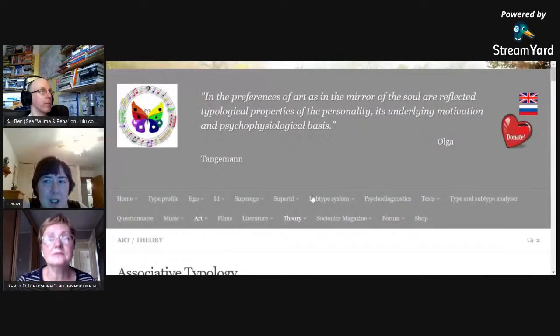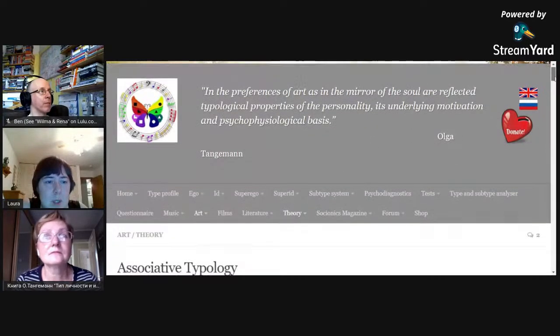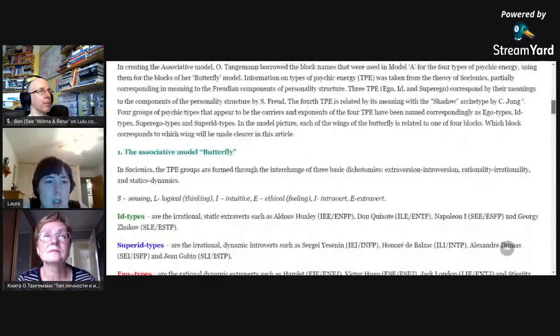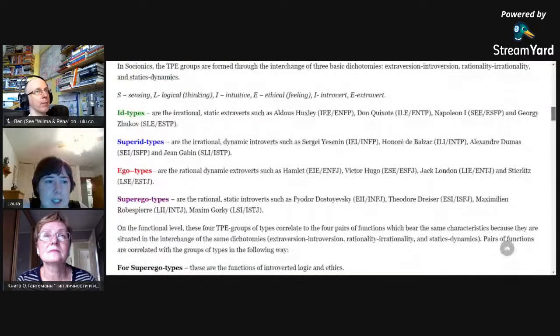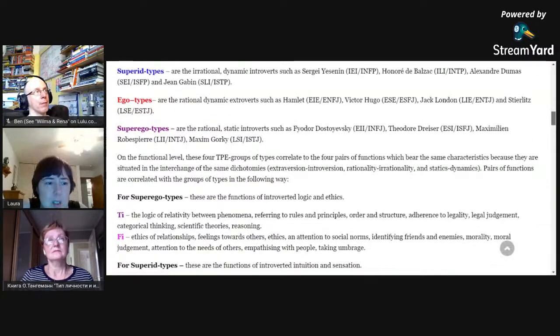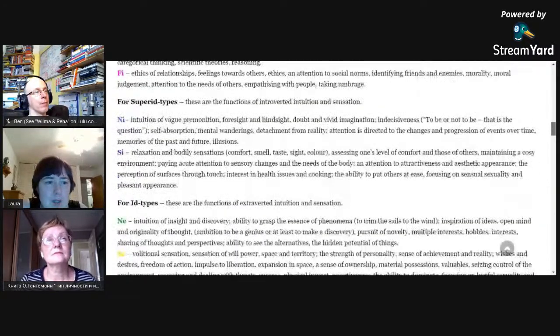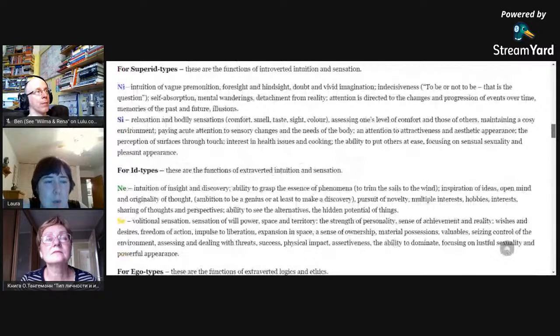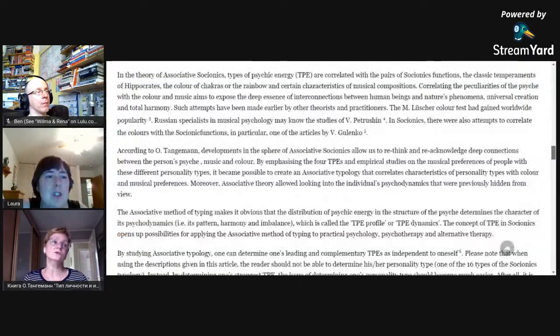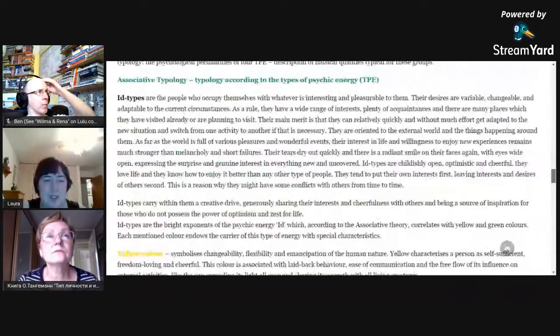Yes. Okay, so here it says id types, super id types, ego types, super ego types, and then you go down a little bit more, and it describes the functions in those types. Values, yeah. Oh, down here are the descriptions of the different groups.